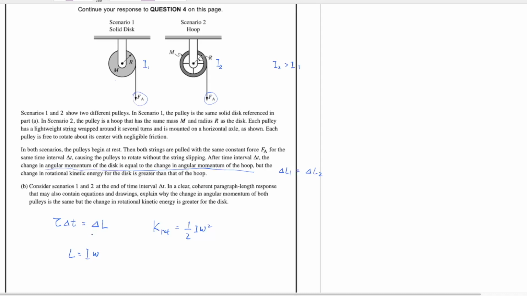Since they both have the same L, then I1 omega 1 is I2 omega 2. And for rotational kinetic energy, we can rewrite this expression as 1/2 I omega times omega. So this is the same for both scenario 1 and scenario 2. And for the difference, whoever has a greater omega should have a greater kinetic energy.